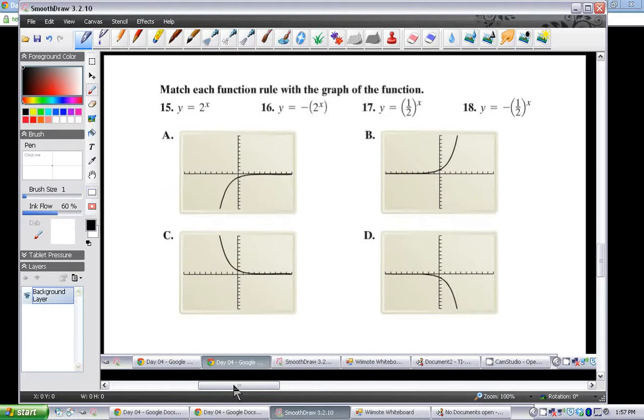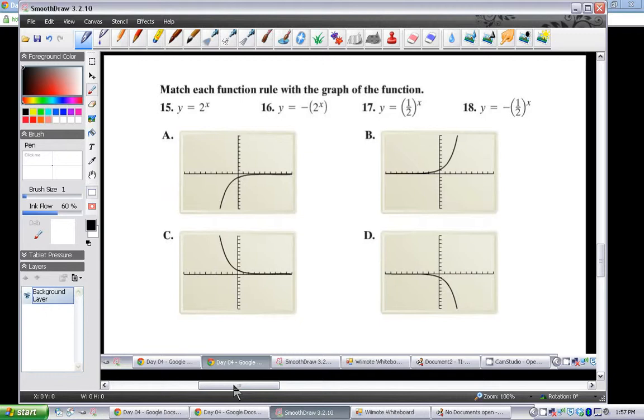So we have 2 raised to the x for number 15. For 16, we have -2 raised to the x, so the opposite of that. For 17, we have 1/2 raised to the x. And for 18, we have a negative half to the x. So we need to figure out what the difference is between all of these.